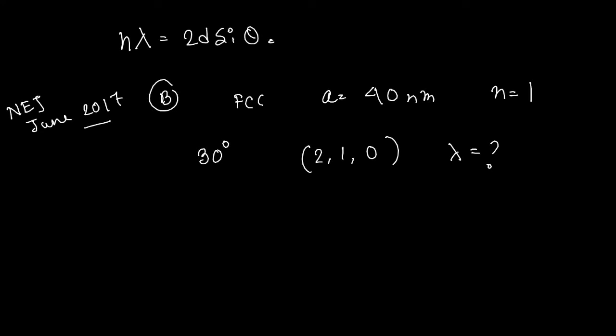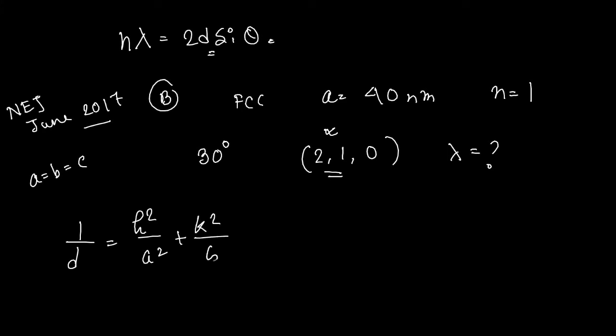So how to do that? We have to know d at first. To know d, we can calculate this. As this is a cubic lattice, a equals b equals c, and as we know, 1 by d square equals h square by a square plus k square by b square plus l square by c square.